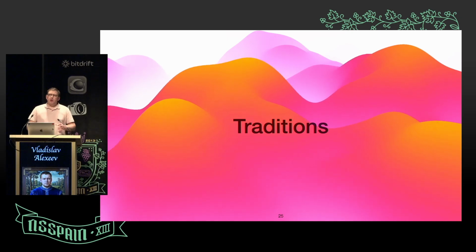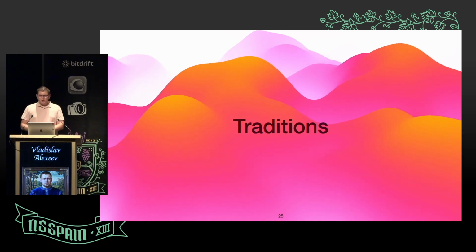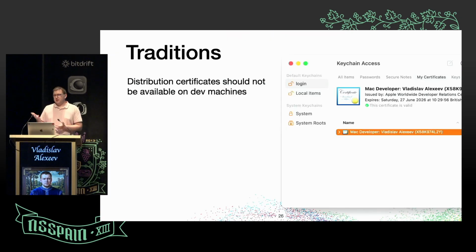Let's talk about how we traditionally approach the code signing process. Obviously, every developer usually has their own signing key, and you store it in the keychain, which is fine. I think it's clear that we should not store distribution private keys on development laptops, right?